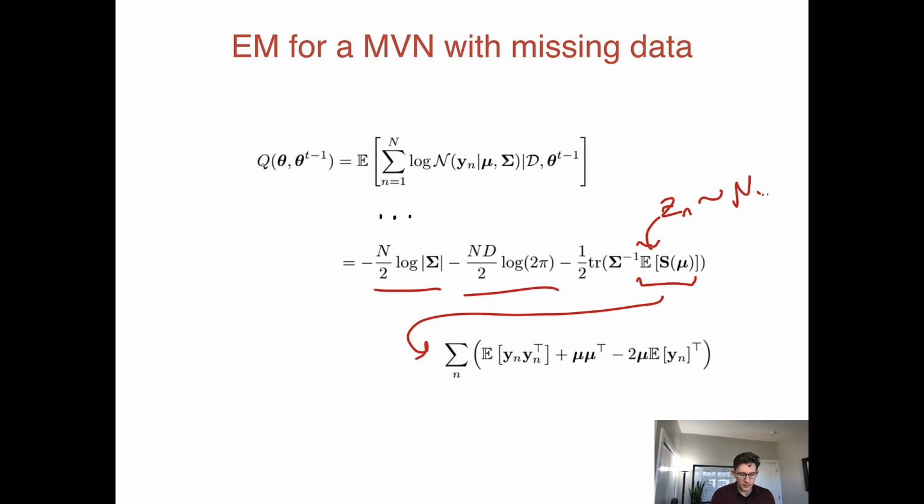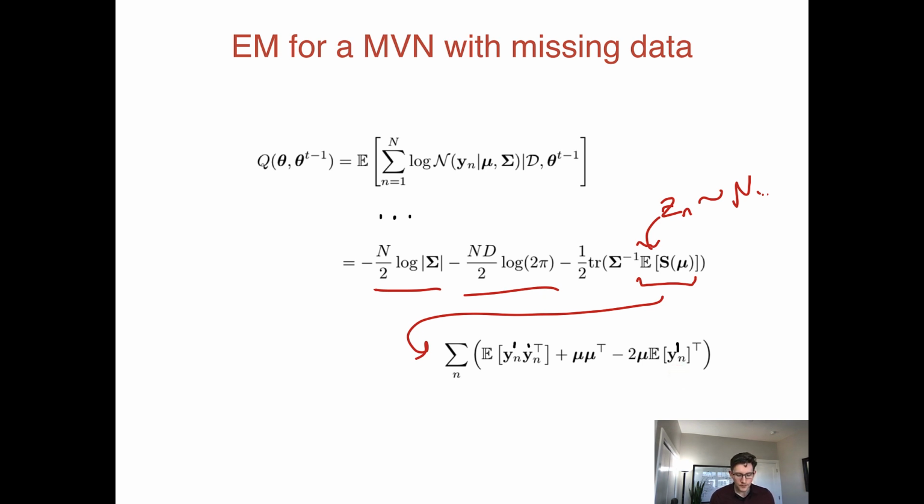We get this thing, which is the expectation of yn. This y is the full version, not just the observed ones, times expectation of yn.